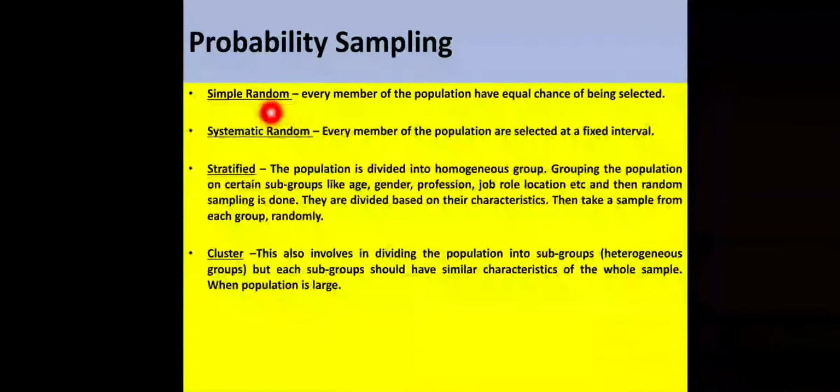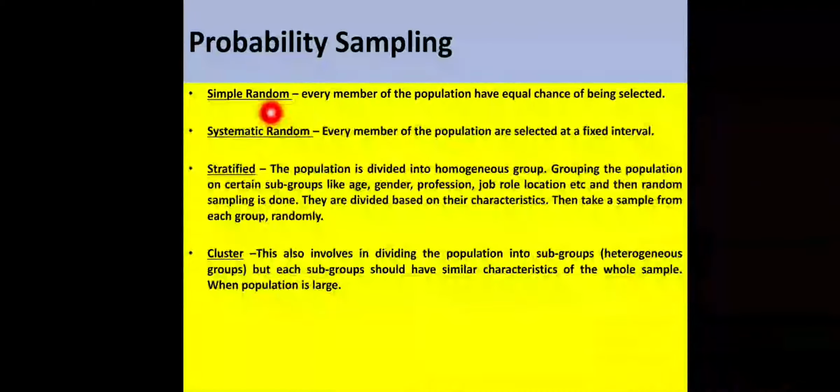When we talk about simple random sampling, it implies that every member of the population has an equal chance of being selected. Simply, okay, we have randomly selected the sample out of the total population that is available.